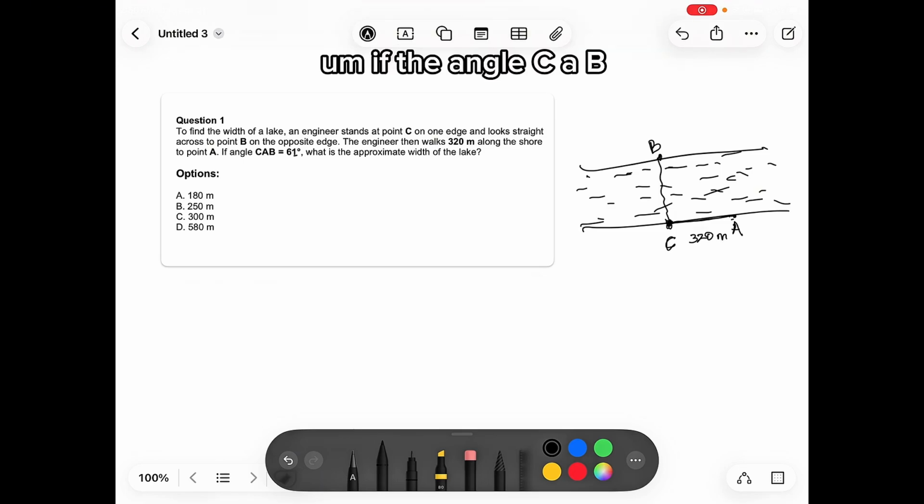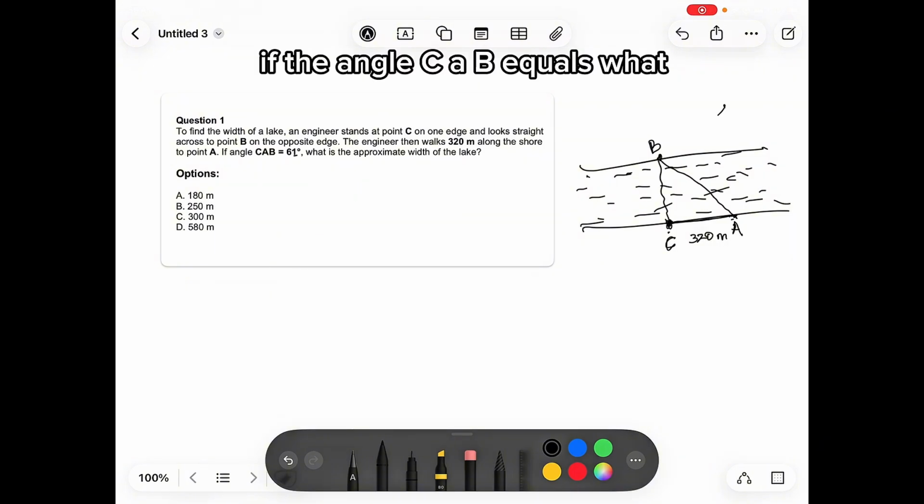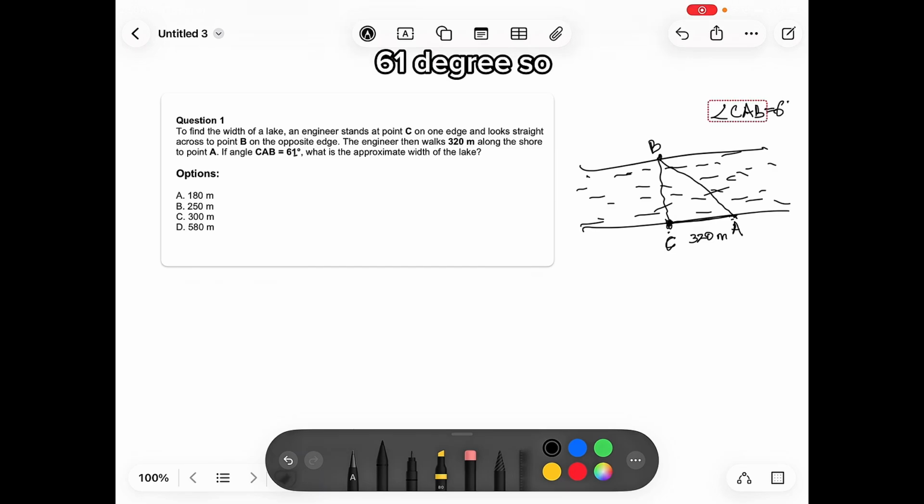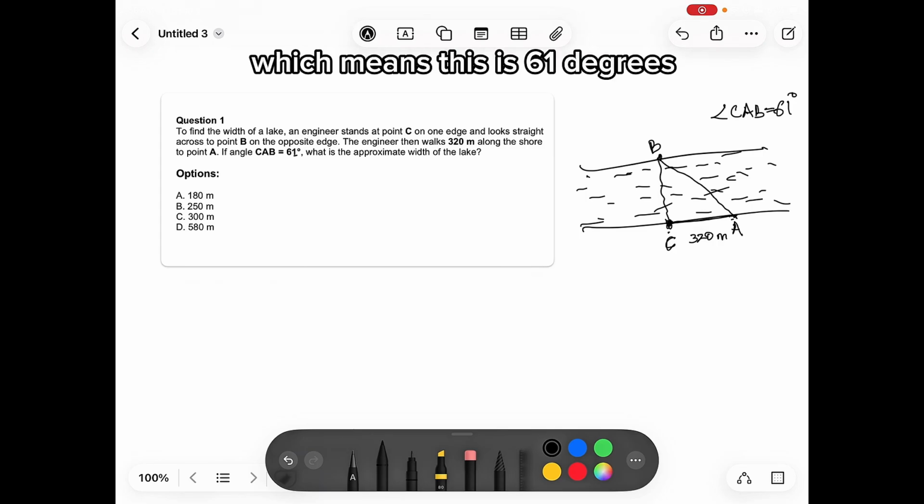If the angle CAB equals what? 61 degrees. So which means this is 61 degrees.